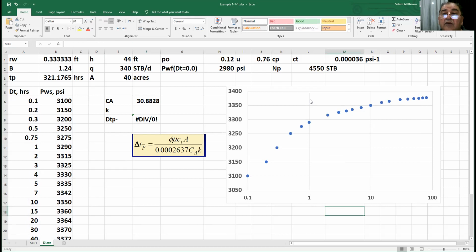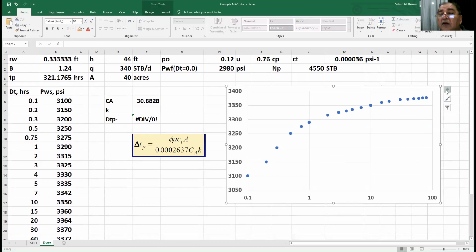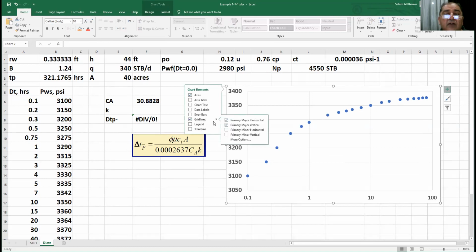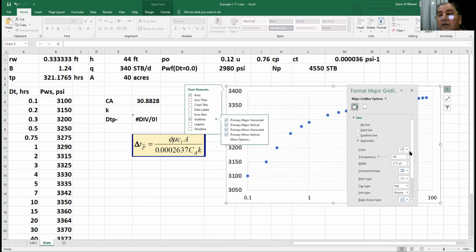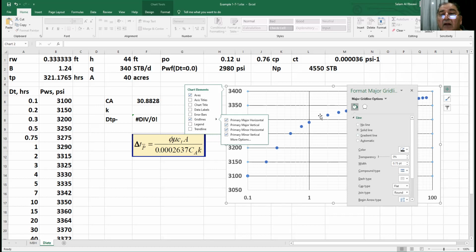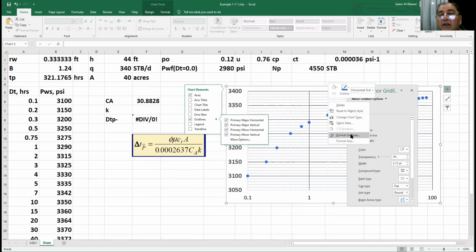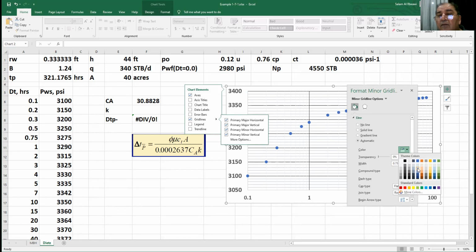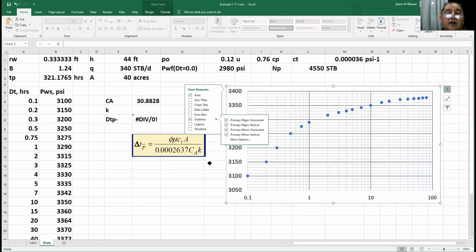Now we need to add the grid lines. The grid lines all should be clear. So basically, I'm going to go with the major grid line, change them to black. And the minor grid line, I'm going to change them to black. And we do have the x-axis minor. And now we are good.